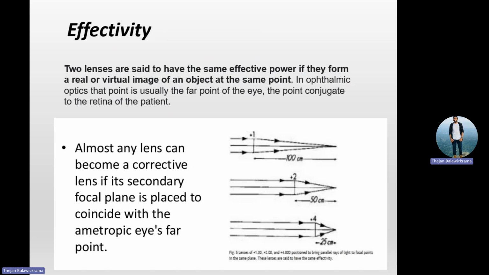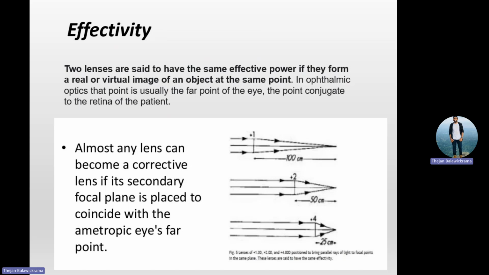A 100 centimeter lens at the same distance can be replaced by a +2 lens with less width. The reciprocal of the distance is equal to the focal length. So this is called effectivity.